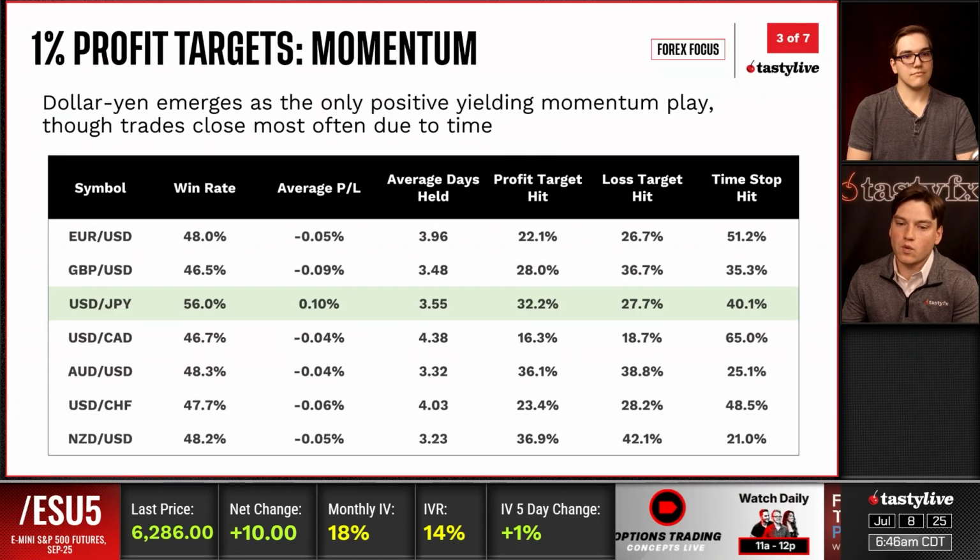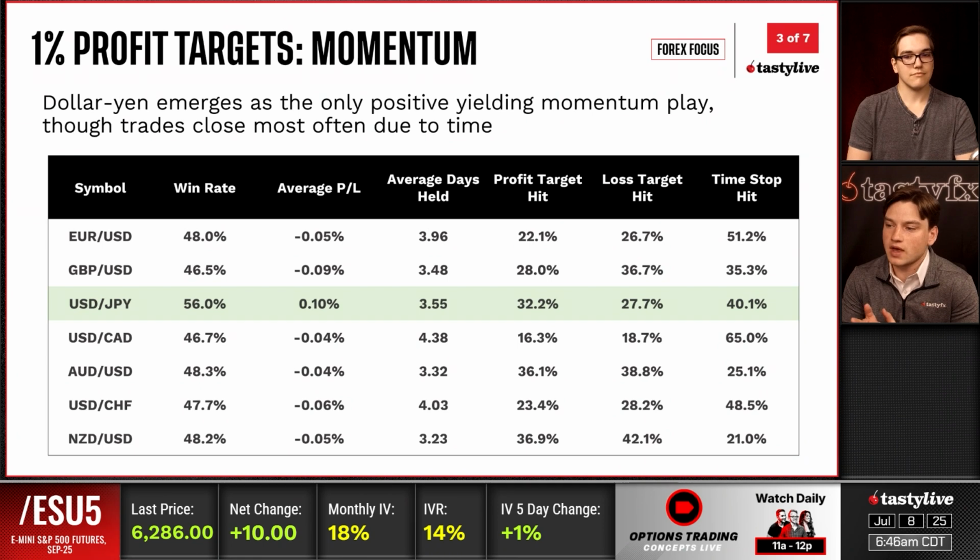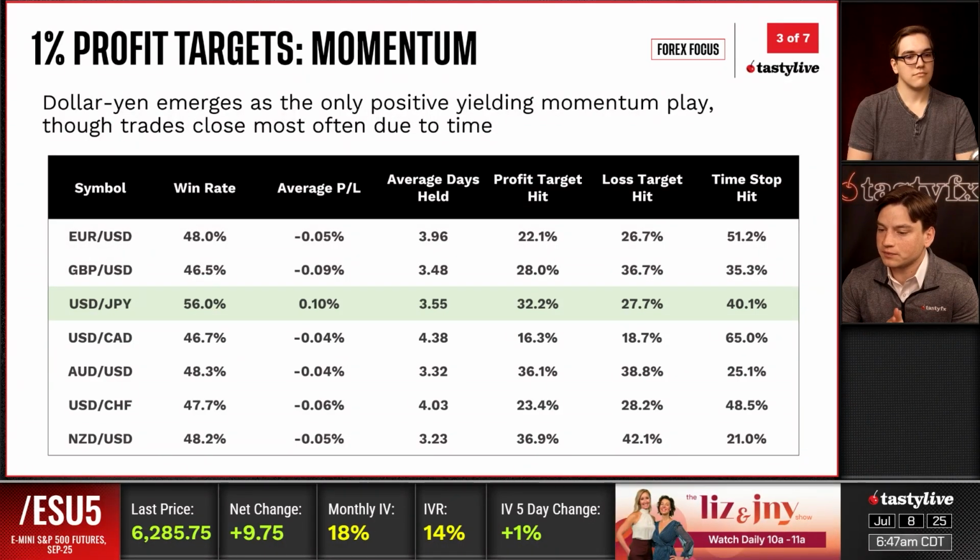First, we looked at 1% price targets. So if a move from your trade entry went an additional percent in your favor or against your favor, and here looking at momentum plays, we got a lot of data here, but we got win rate, average P&L, average days held, the percentage of when your profit target was hit, loss target was hit, and time stop was hit.